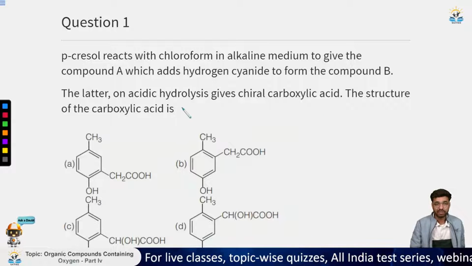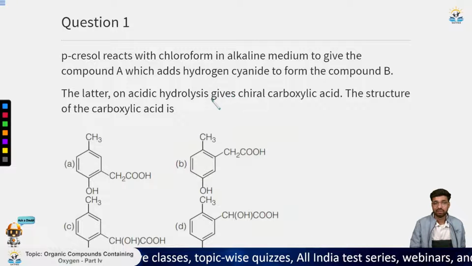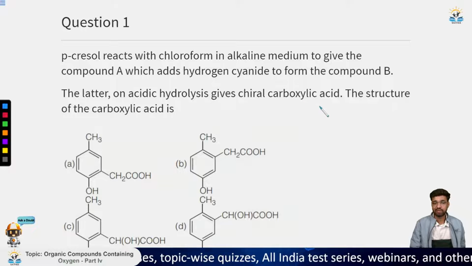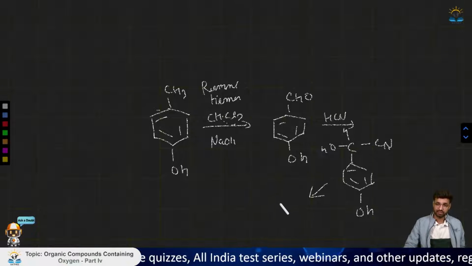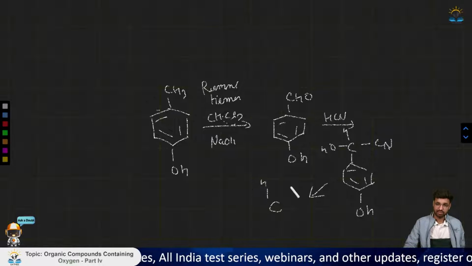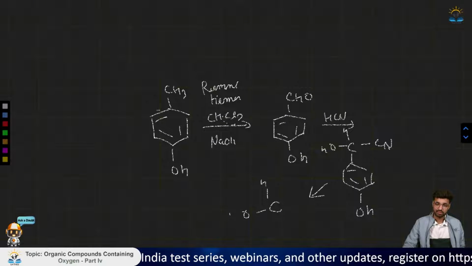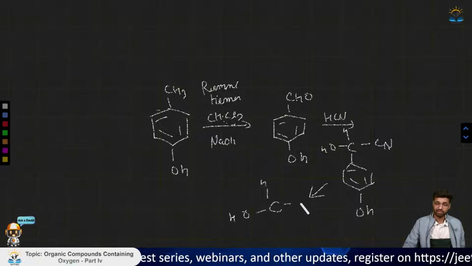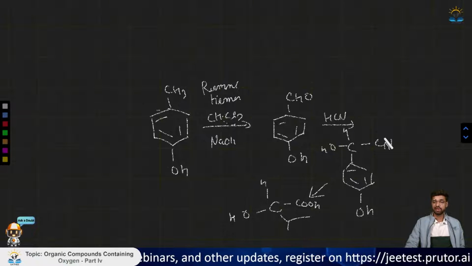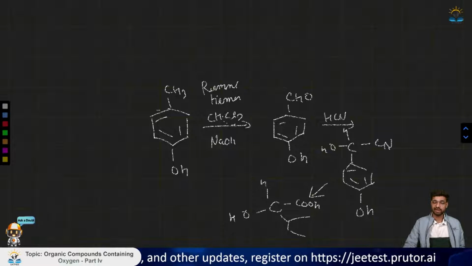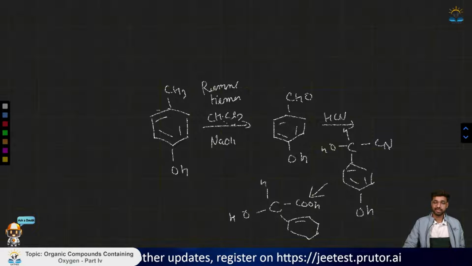Now later on, the acidic hydrolysis of this gives a chiral carboxylic acid. So we will do the acid hydrolysis of this cyanide. Those who don't know, this will come in later slides, later chapters, that upon hydrolysis of this CN nitrile group, we get a carboxylic acid.